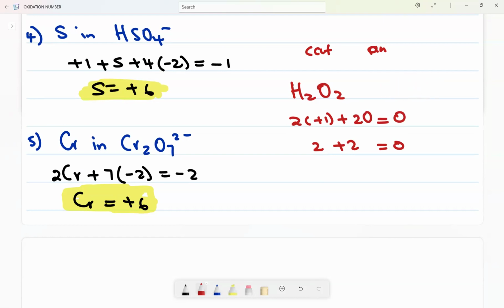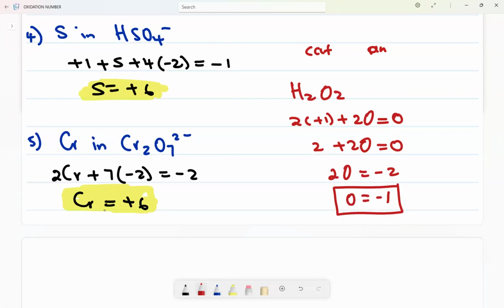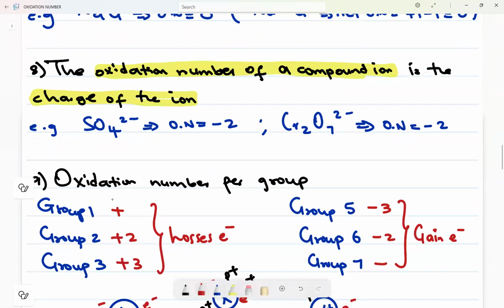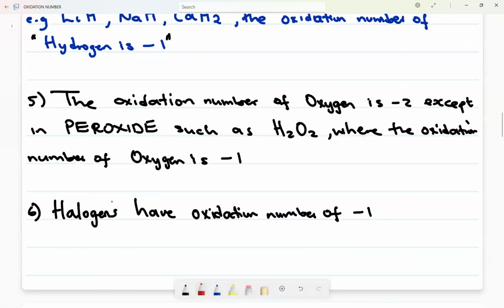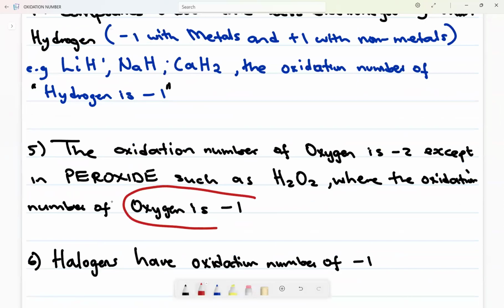This is oxygen. Allow me to write it like this, O, so that I do not confuse it with the 0. 2 oxygen is going to be equal to -2, and then oxygen is equal to -1. Remember, we said oxygens are equal to -2, except in peroxides, where oxygen is -1.